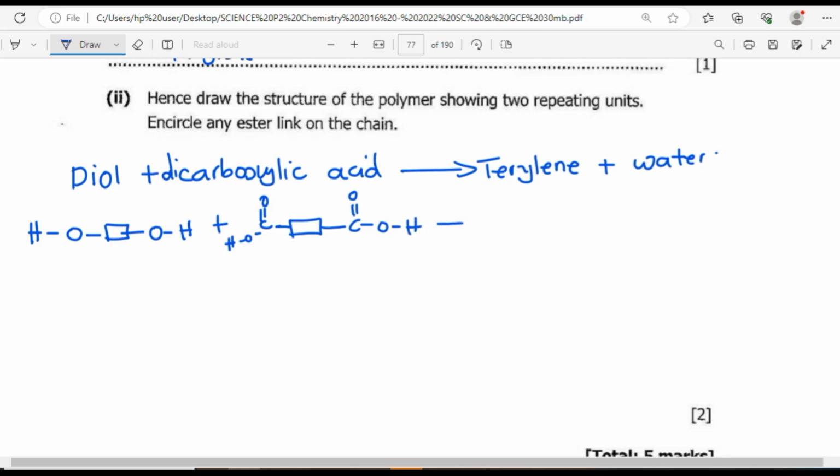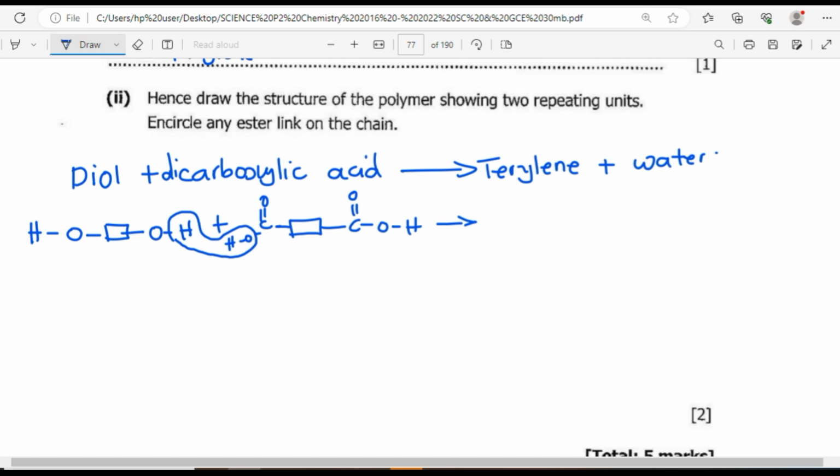Now how do we do this? So it is just simple. From the alcohol you remove hydrogen, then from the carboxylic acid you remove hydroxide. Why? We need to remove whatever is forming water. Then we will attach whatever remains.